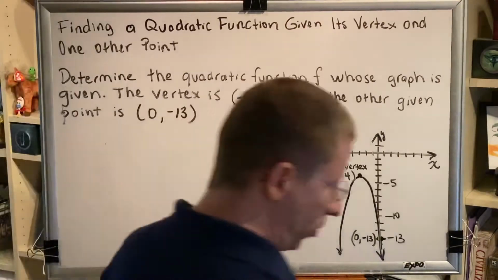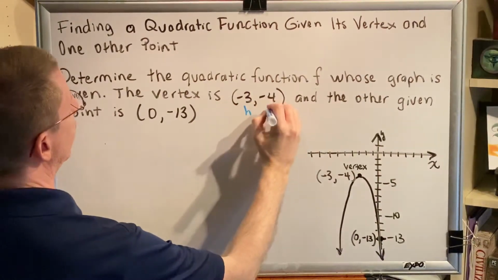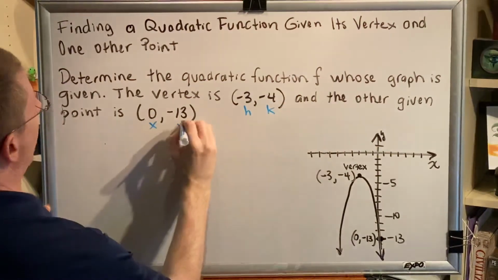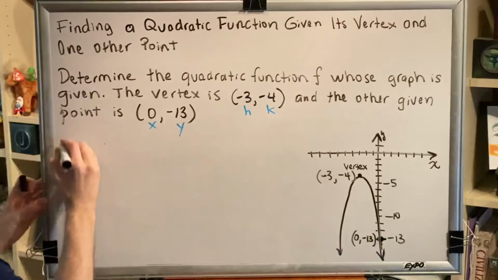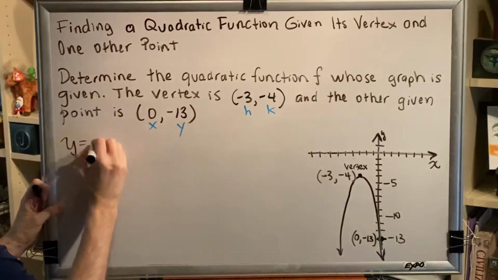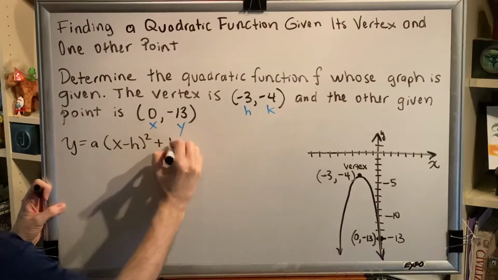The first step is to identify h, k, x, and y, and put them in the vertex form of a parabola, which I will write here. y equals a parenthesis x minus h close parenthesis squared plus k.